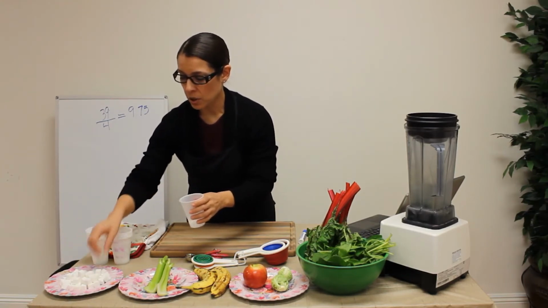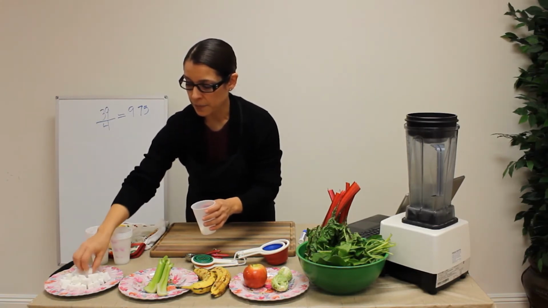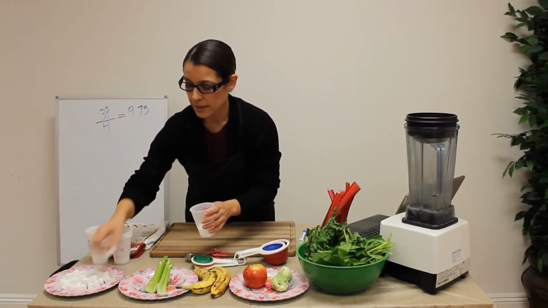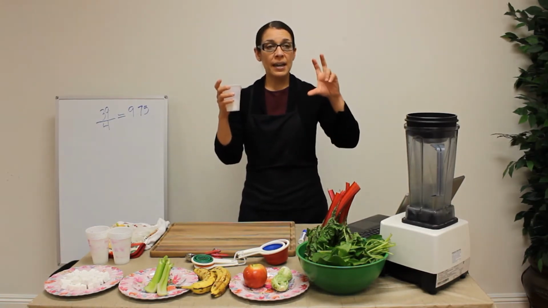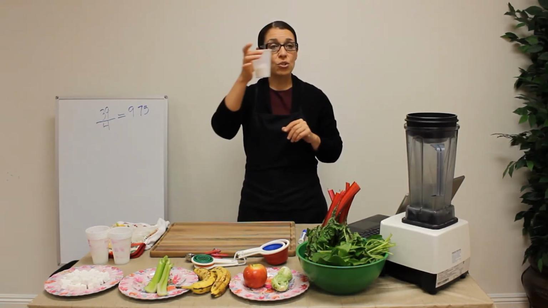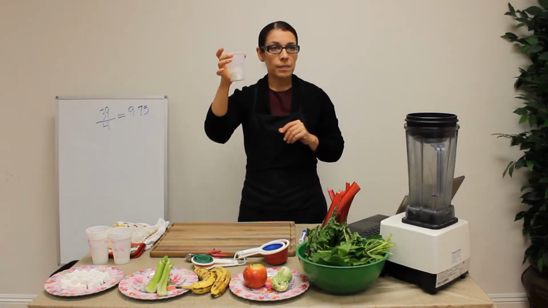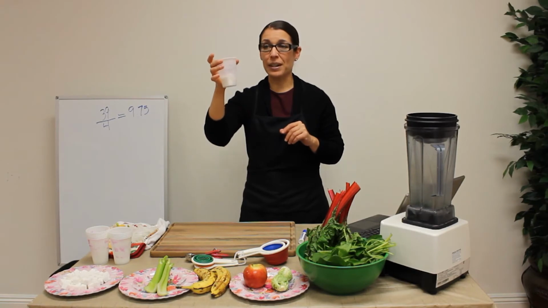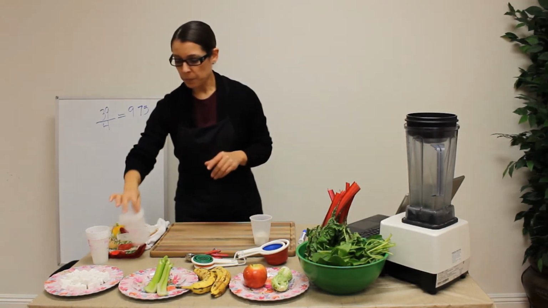So 1, 2, 3, 4, 5, 6, 7, 8, 9, and 10. So when I'm drinking my can of dark soda, this is how much sugar is in that can. What do you think? That's a lot of sugar, right? 1 can of soda, this is how much sugar it has.